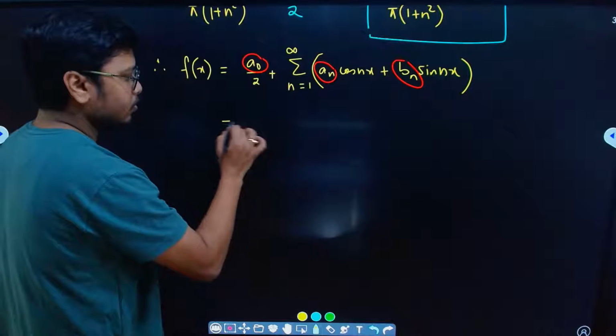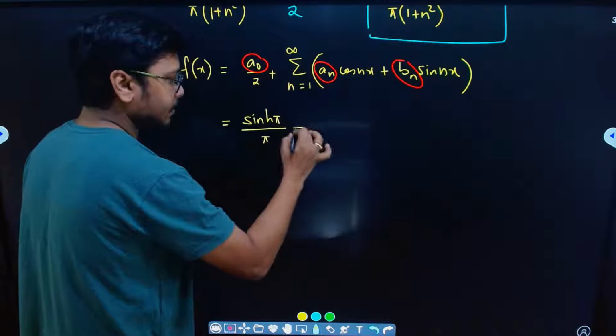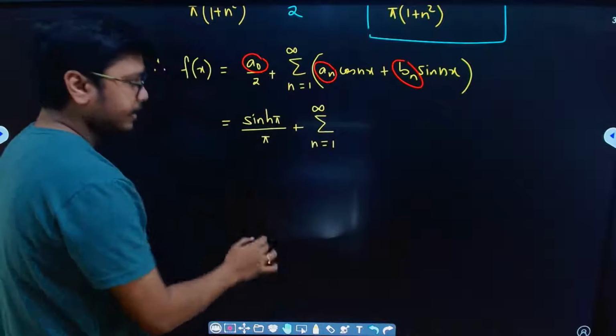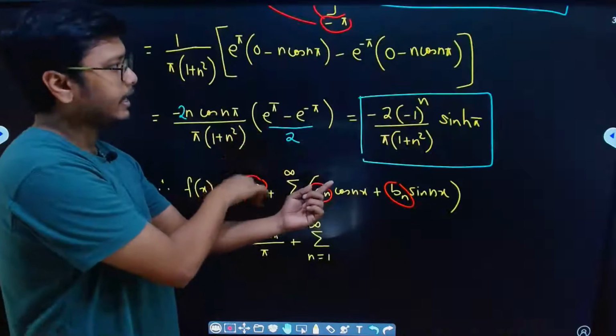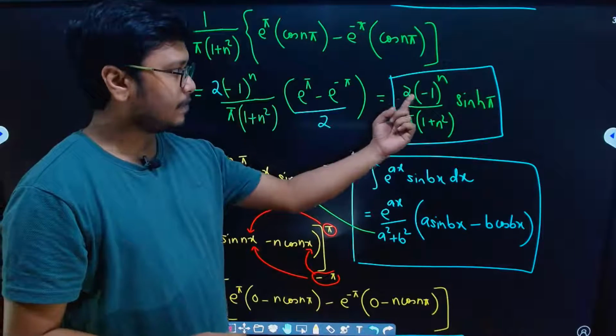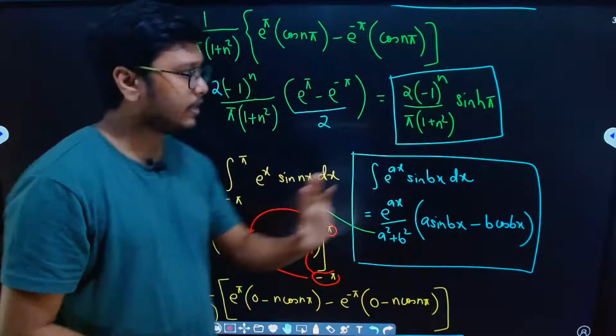So a0 by 2, that is sinh(pi) by pi, plus the summation from 1 to infinity. I need the an value. The an value was 2 times (-1)^n pi into 1 plus n squared, sinh(pi).